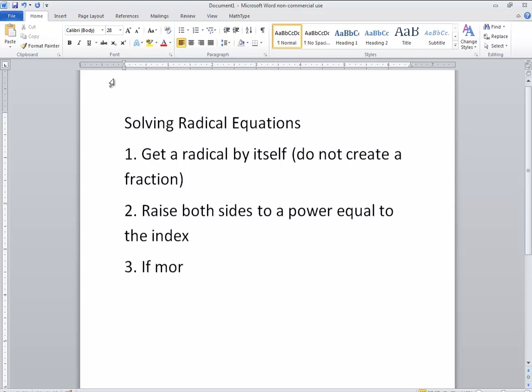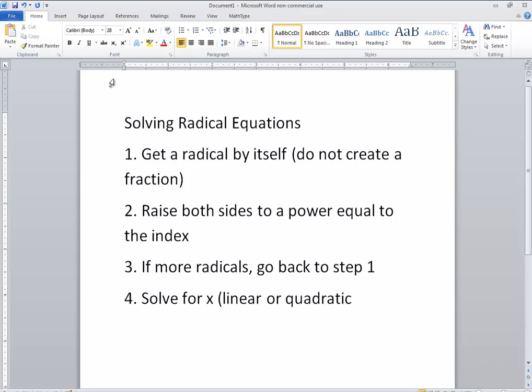Step 3: If more radicals, go back to step 1. Step 4: Solve for x. It'll either be linear or quadratic at that point. I really have not ever seen any problems that weren't one of those two. And step 5, check your answer.